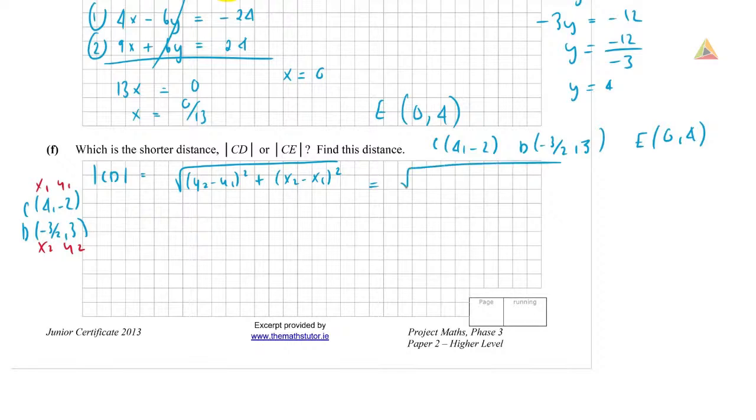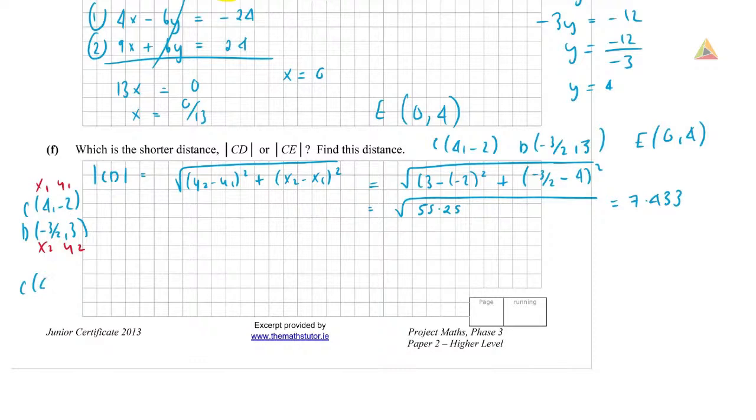So we're literally just filling it in. y2 is 3 minus y1, which is minus 2, squared, plus x2, which is minus 3 over 2, minus x1, which is 4, squared. Put all of that into the calculator and you get the square root of 55.25. Now we're going to round this: 7.433.